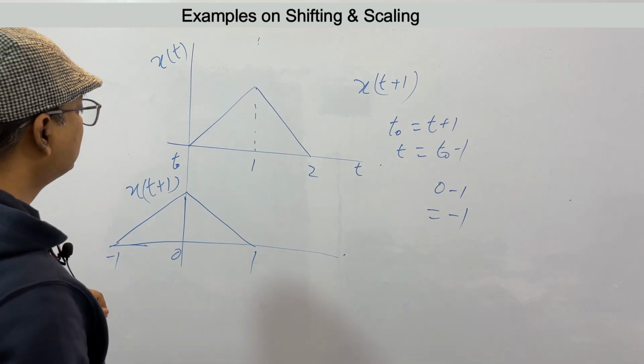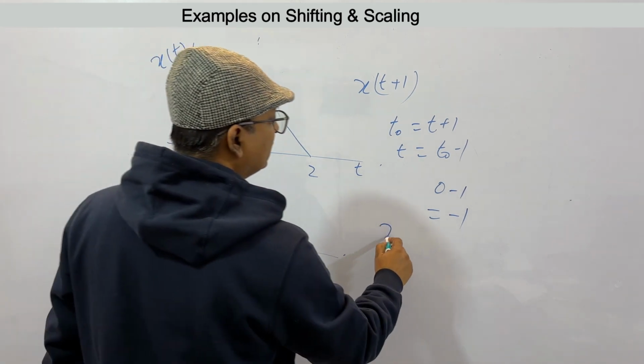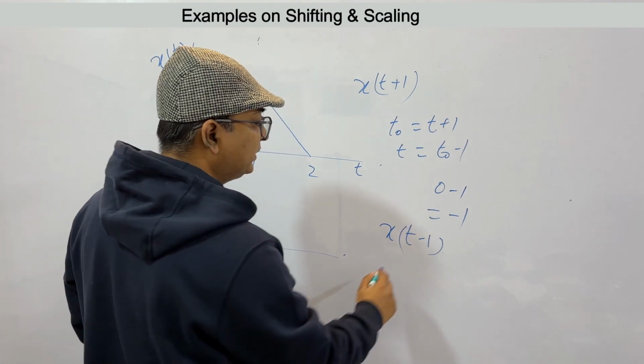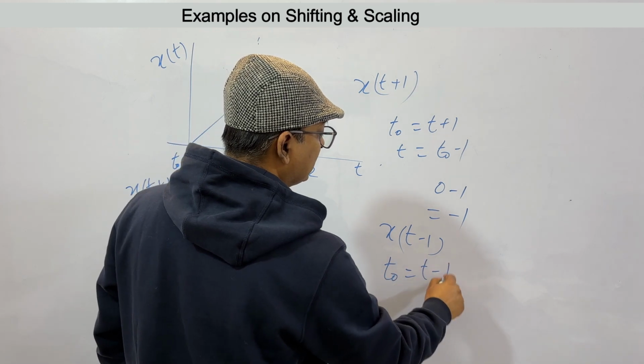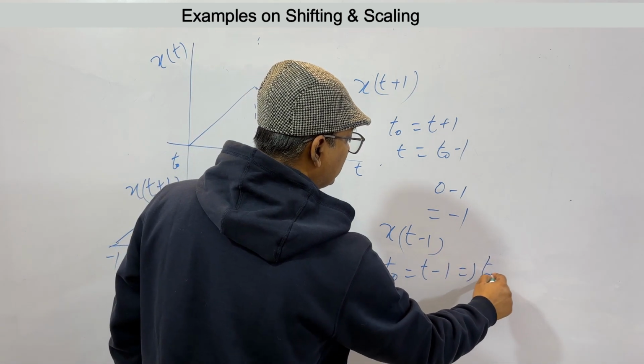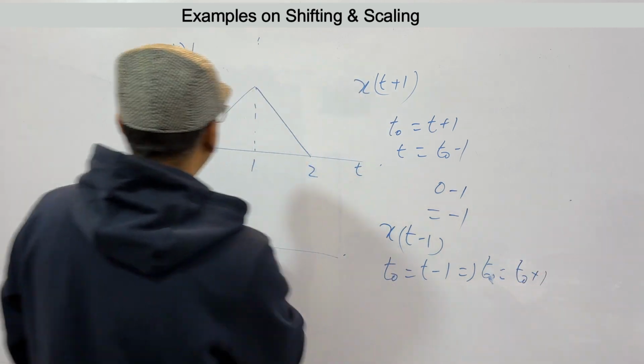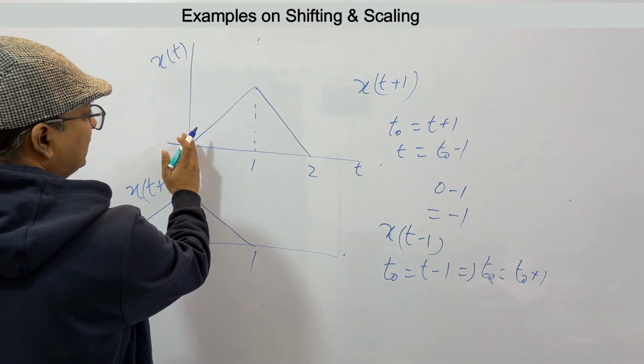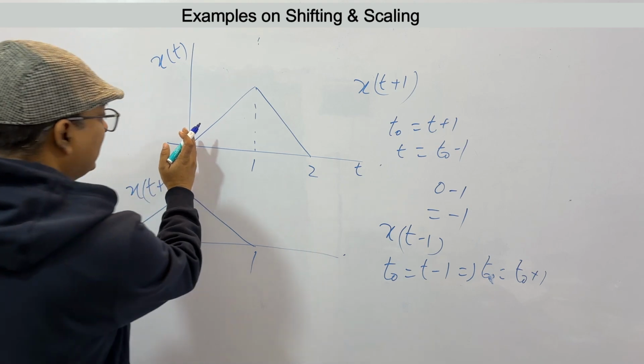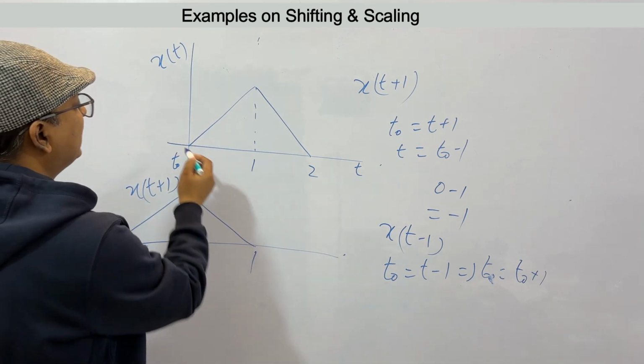Clear? If this was xt minus 1, this means now t0 is equal to t minus 1. This implies t is equal to t0 plus 1. That is, we had this here, we have advanced. If it was 0, this will be now 1.